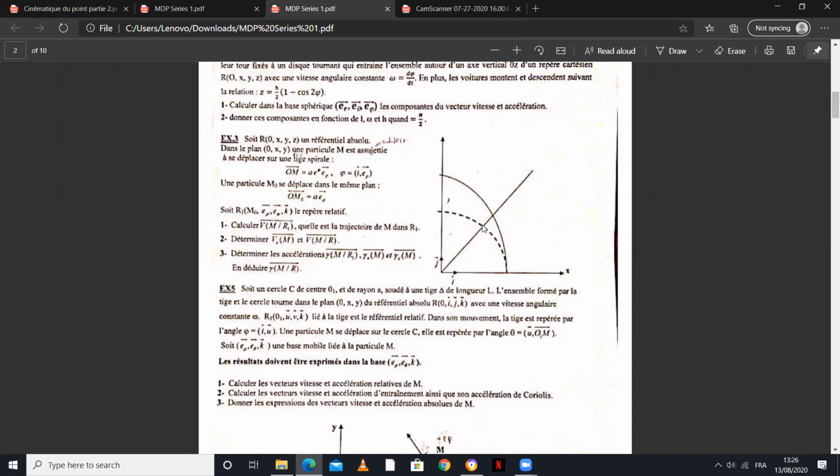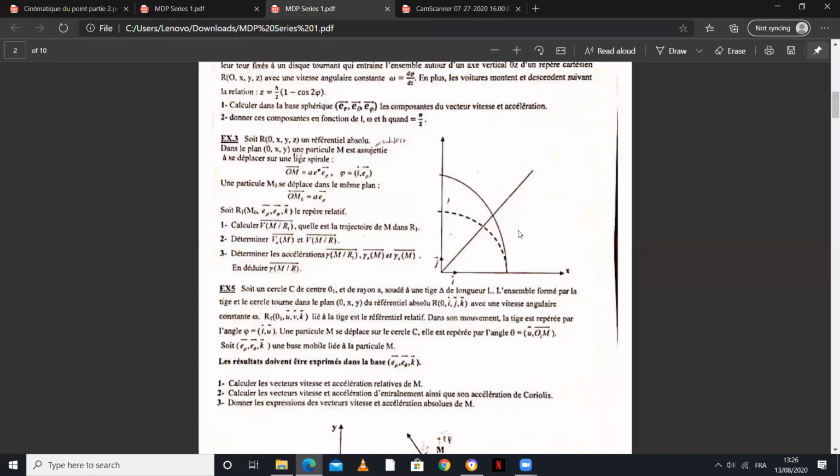Like the repère relative is in movement with respect to the repère absolu. And now we're going to try and do some calculations based off of the point M, the point M0, le repère R1 et le repère R. Okay, le repère absolu et le repère relatif.